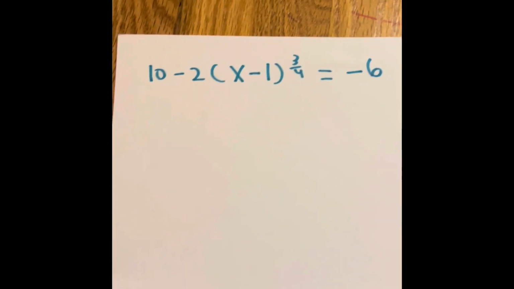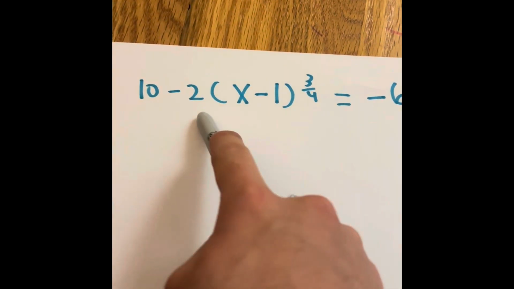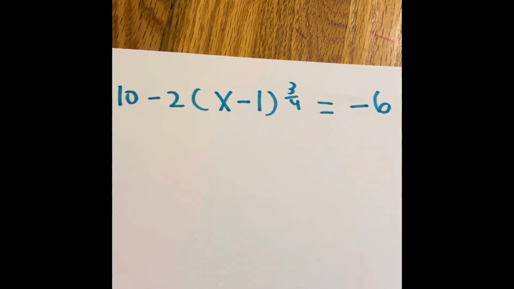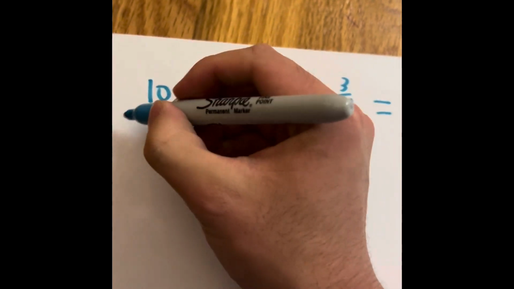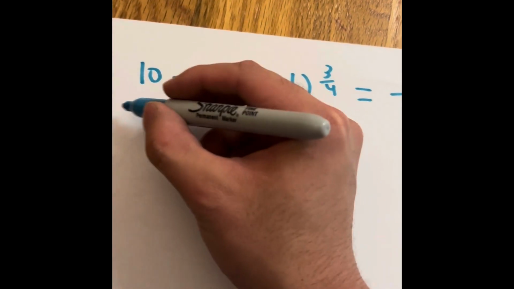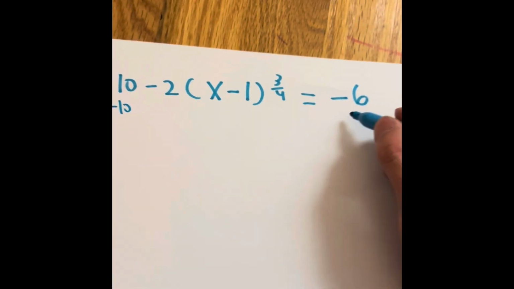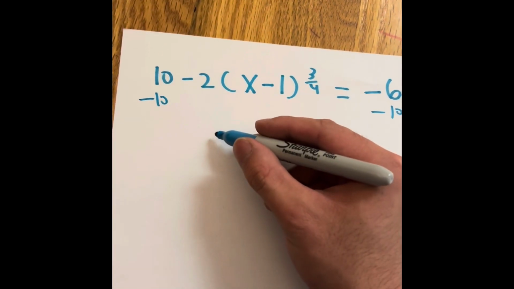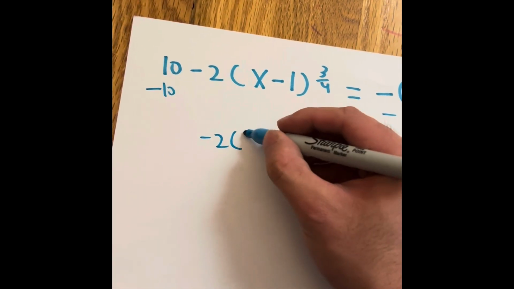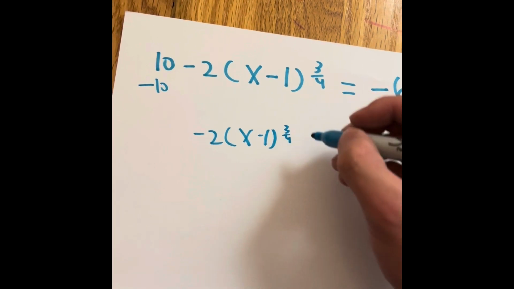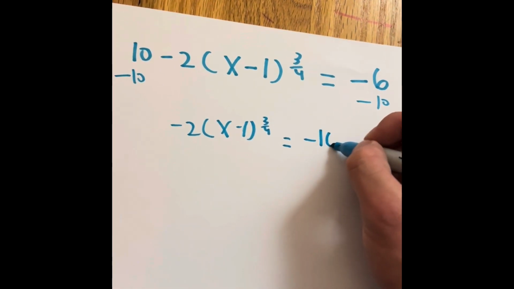So, we are going to try 10 minus 2 parentheses x minus 1 to the power of 3 over 4 equals negative 6. At first, get whatever you can to the other side of the equation. So, subtract 10 from both sides. This brings us to negative 2 parentheses x minus 1 to the power of 3 over 4 equals negative 16.